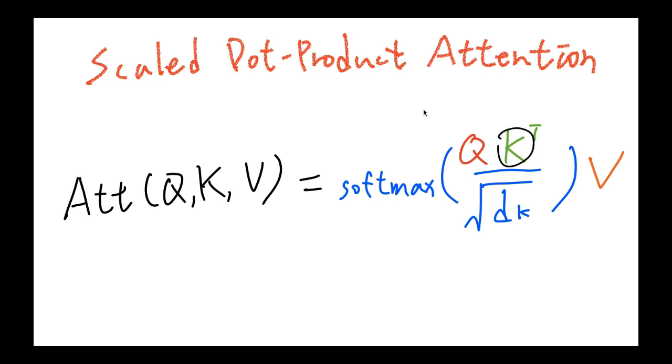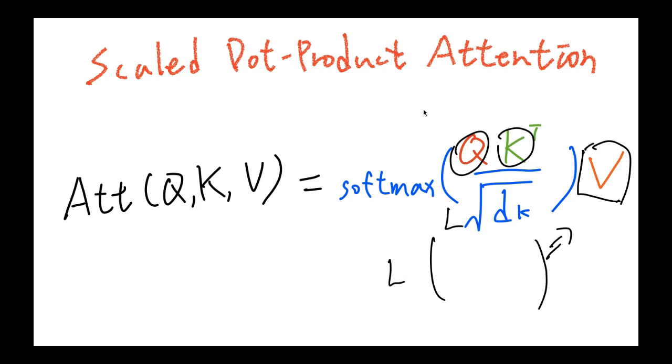So key, query, compatibility, then you have the attention matrix, and you apply this attention matrix to your value matrix. In this case, it is the number of tokens times the number of tokens, and every element in this matrix is a vector.